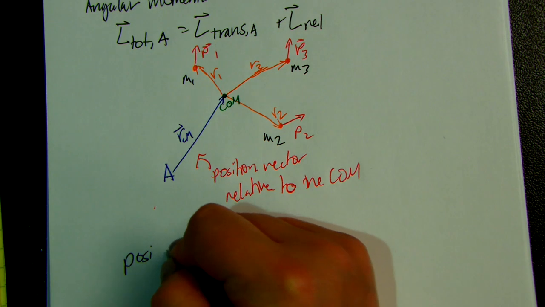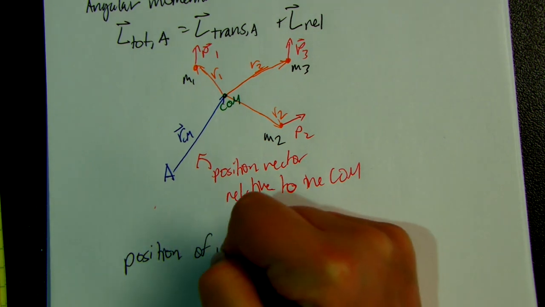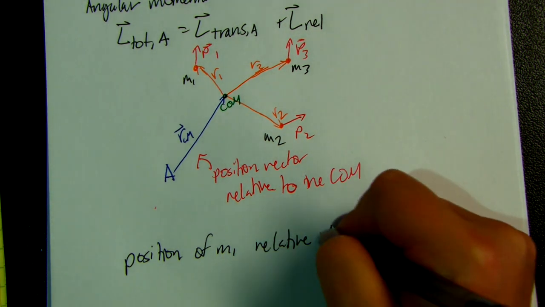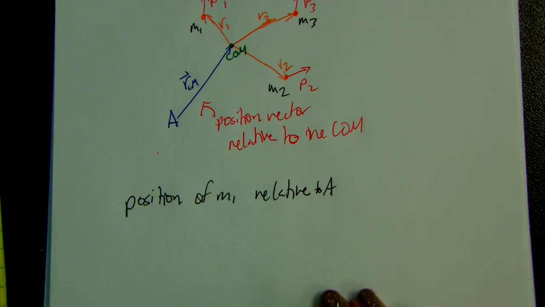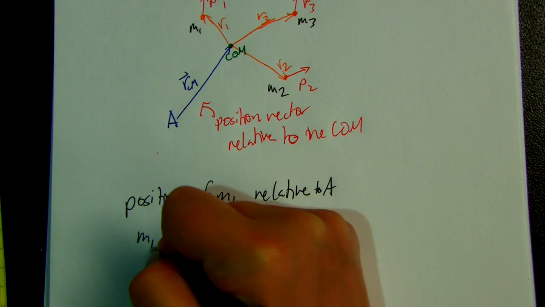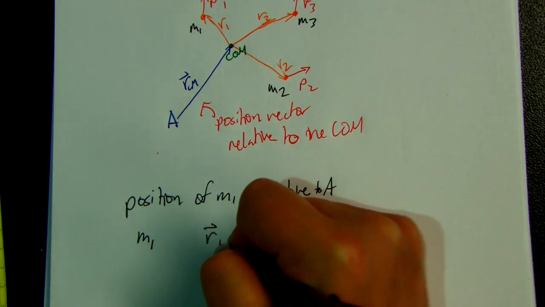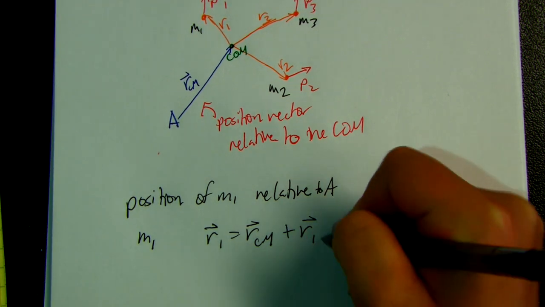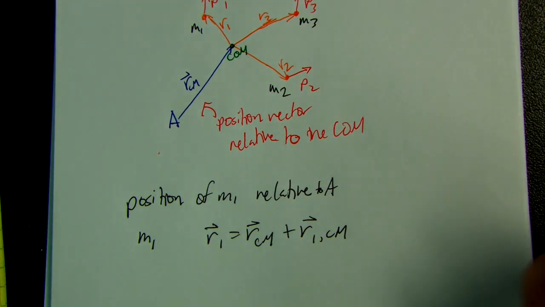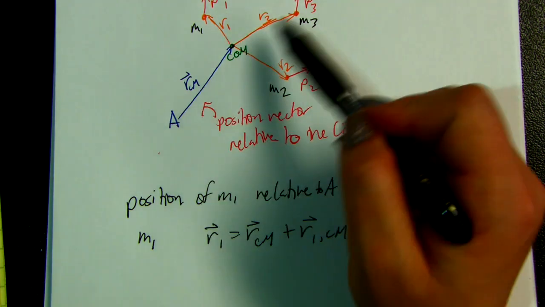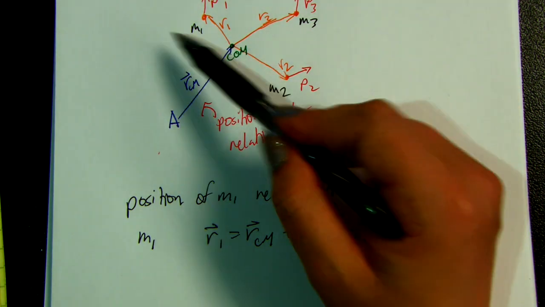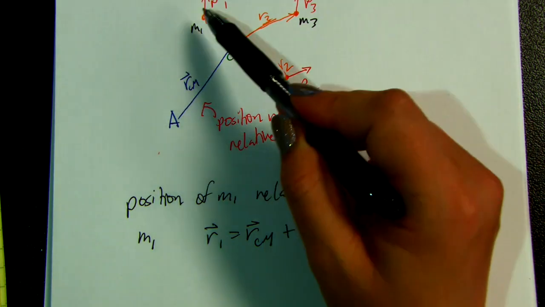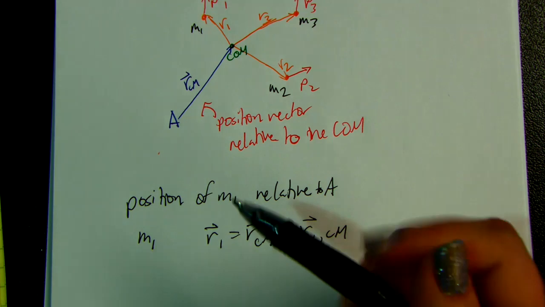Okay, so position of M1 relative to A. So for M1, we'd have R1 is equal to RCM plus R1CM. So you can see you're just adding these two vectors together.